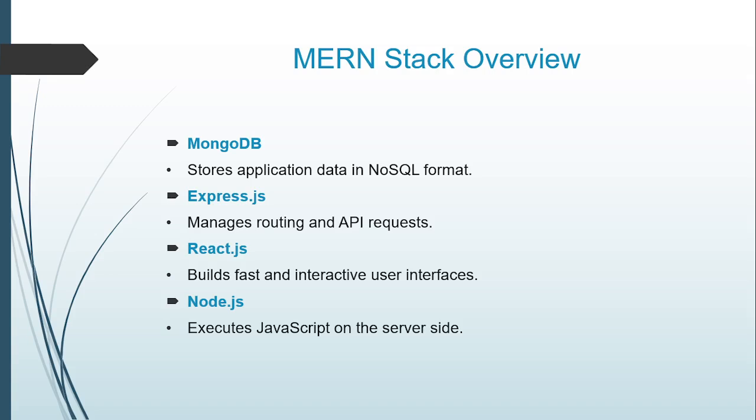React.js is a JavaScript library used to create interactive and responsive user interfaces. And the last is Node.js. It's a JavaScript runtime environment that allows JavaScript to run on the server side. The combination of these four technologies is called the MERN Stack.